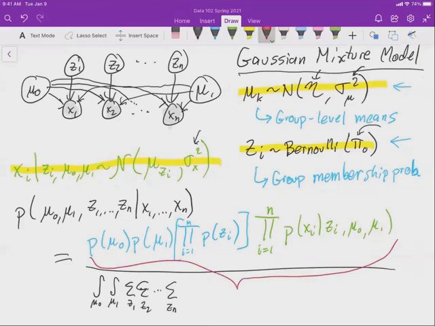Remember, in the simple case of x and theta, the denominator becomes p of x equals the integral over theta of p of x given theta times p of theta. Except here, theta is not just one random variable, it's all the mu's and all the z's. So we have to do all of this summation, and there's a d mu0, d mu1, because we're integrating.